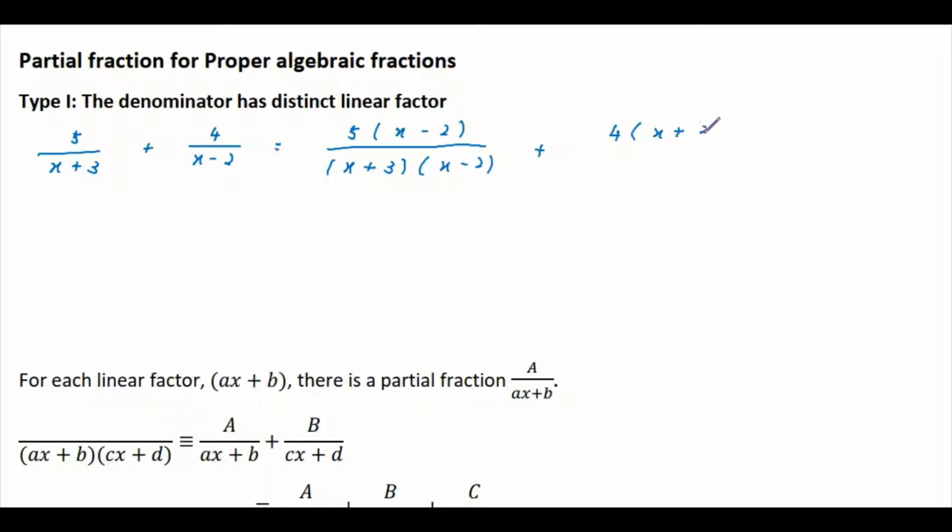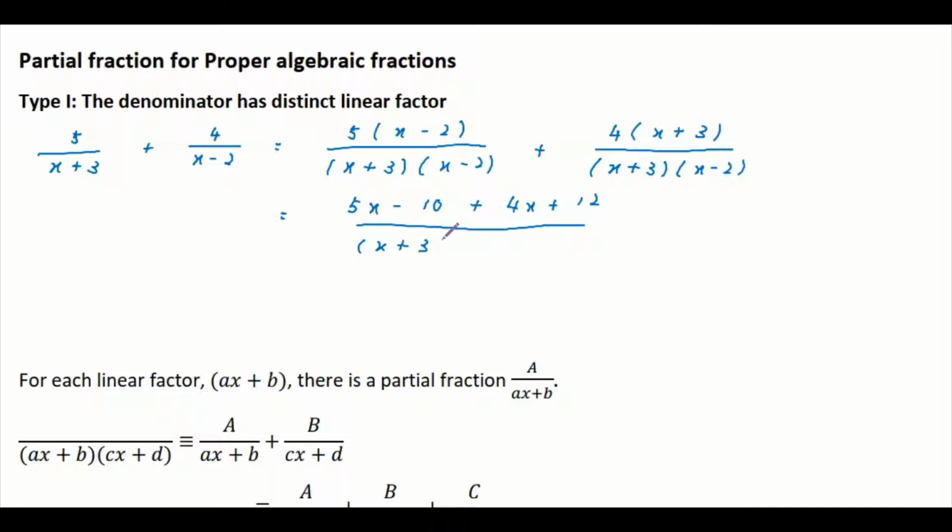Since you know how to do this already, I think you can try to do it on your own when you are watching the video. Then you'll be able to get 5x minus 10 plus 4x plus 12 divided by x plus 3, x minus 2, so that you get 9x plus 2 over x plus 3, x minus 2.